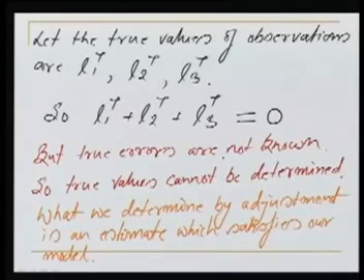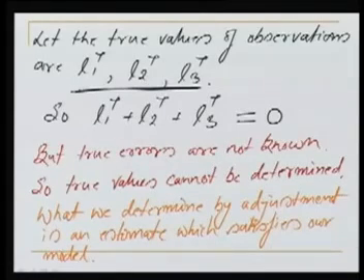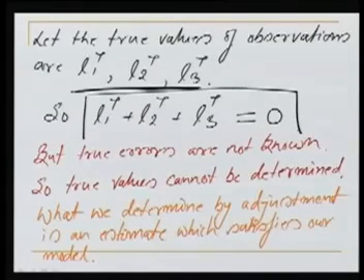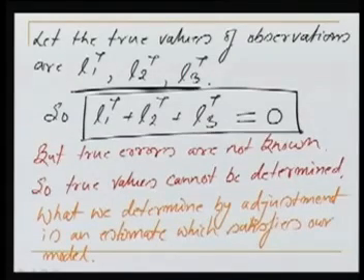Let us say for L1, L2 and L3, the true values are L1T, L2T and L3T. Had there been no error at all, this model would be satisfied, because true values means there is no error. But do we observe true values?